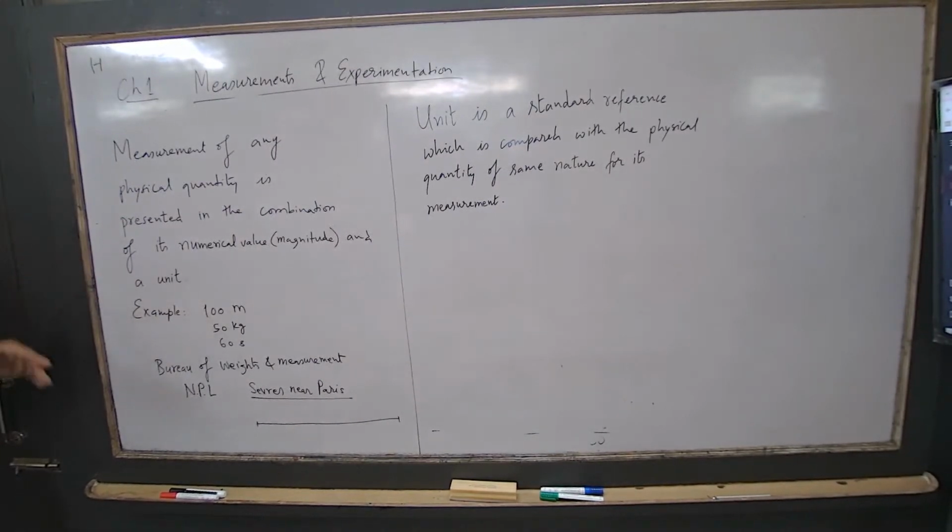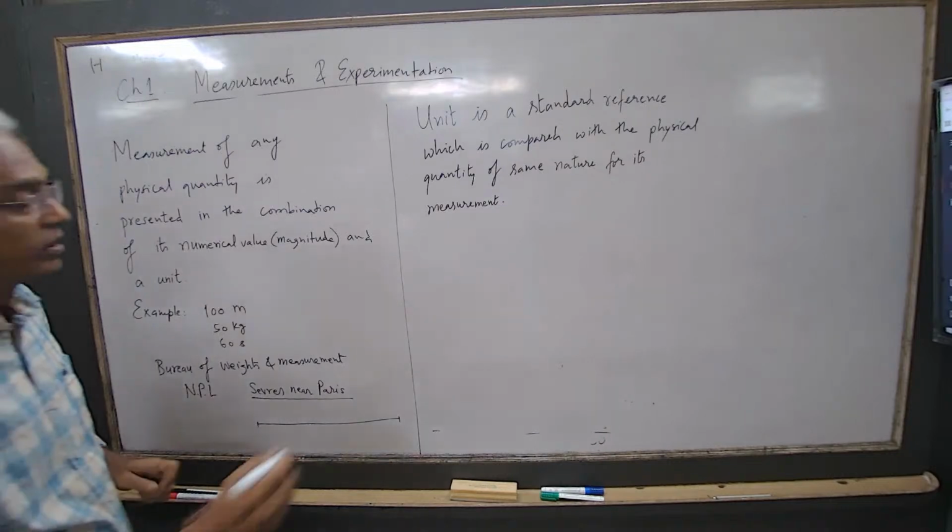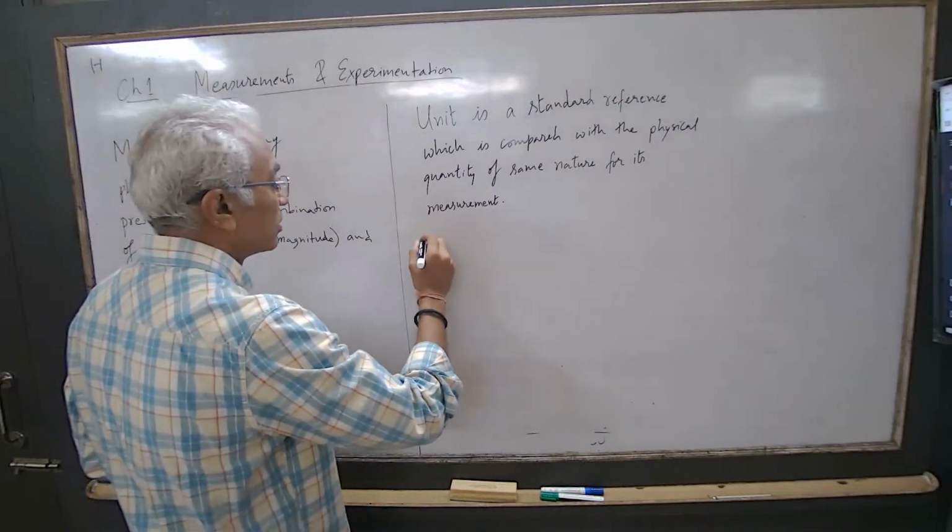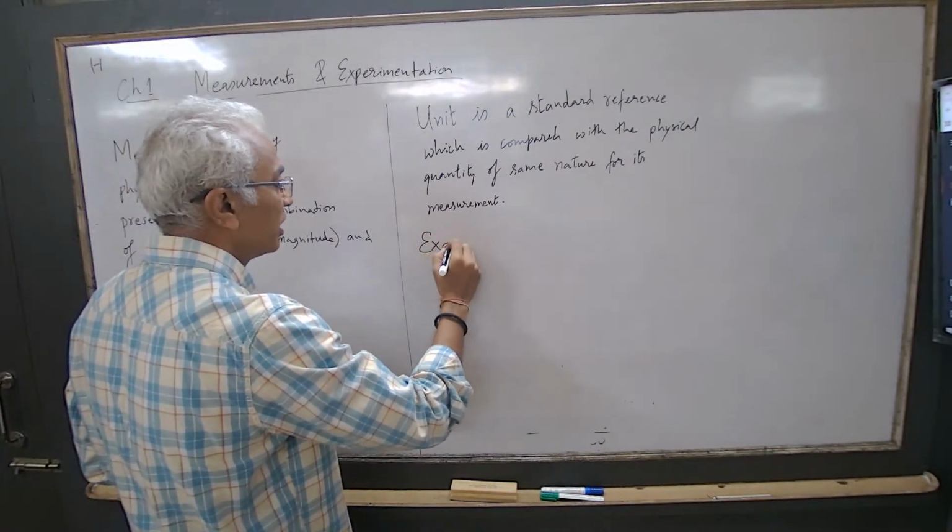Then I can present the measurement, so I have to know some standard reference. Is that clear? So likewise, we have standard references for all the fundamental quantities. Now, let us have some examples of derived quantities.